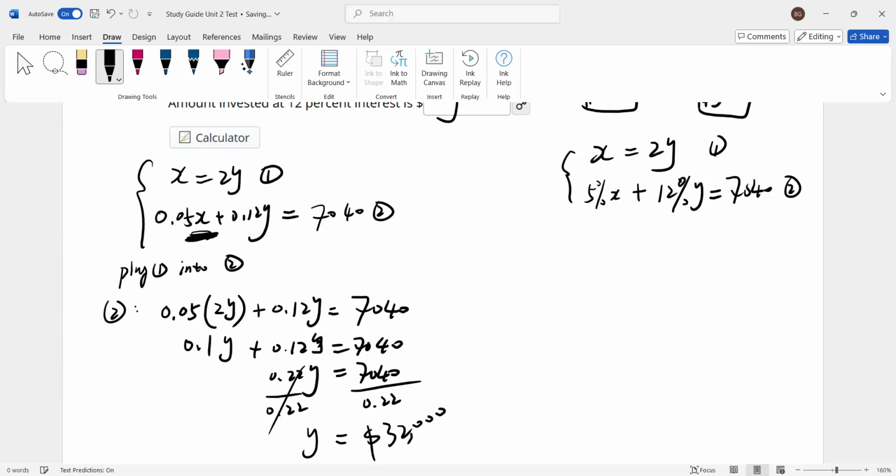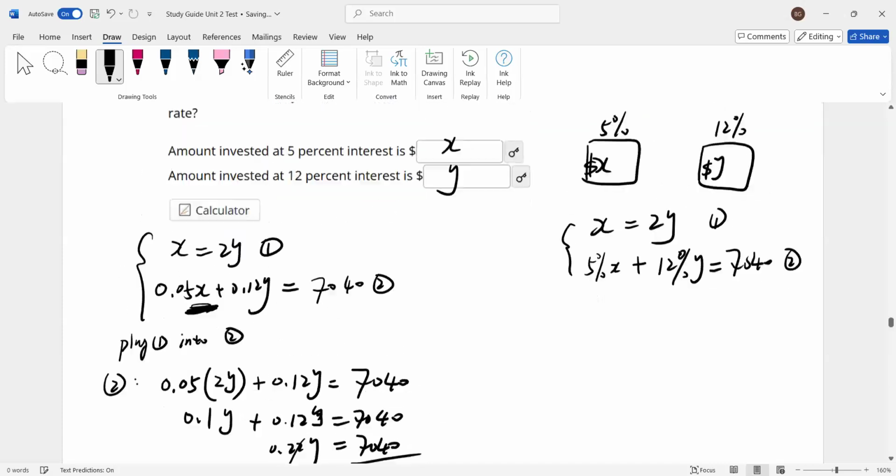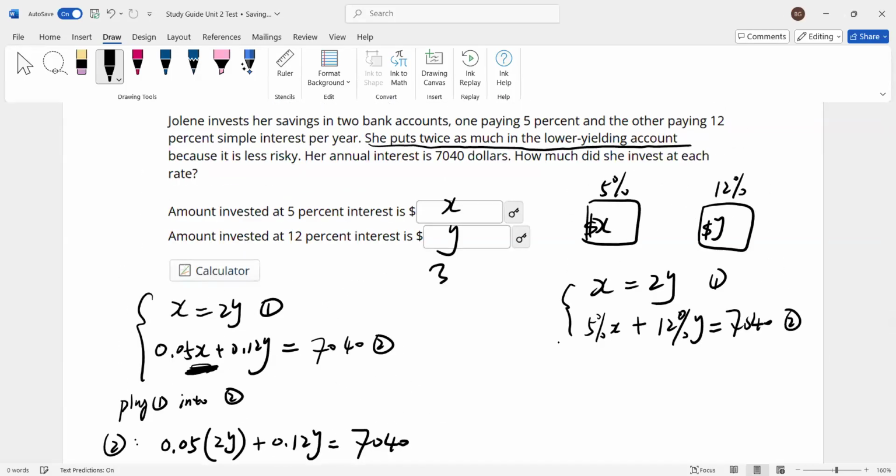Sometimes when you have a very convenient number as your answer, it indicates this is probably the right answer. It is, okay? So Y is 32 grand. Remember, the person put more money in the low yielding account, so double 32 is 64 grand.